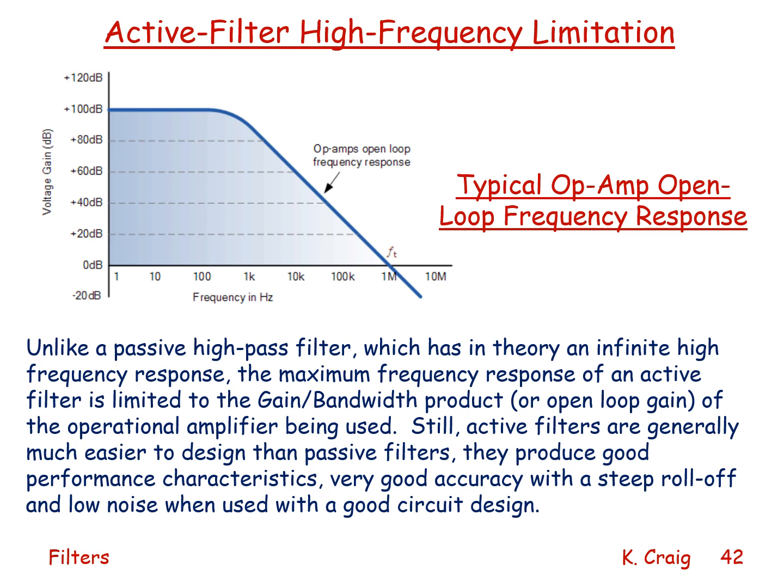We call that the gain bandwidth product. So unlike a passive high-pass filter, which has in theory an infinite high-frequency response, the maximum frequency response of an active filter is limited to the gain bandwidth product, or as we see here, the op amp open loop gain. And that's the gain bandwidth product of the operational amplifier being used.